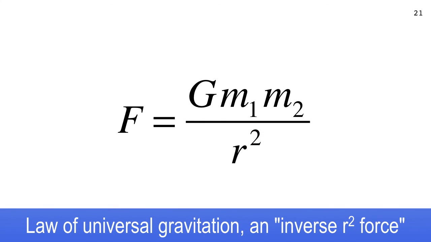So yeah, G m1 m2 over r squared. It's known as an inverse r squared force. It is an infinite range force because of that. If you had r to the 2.5 power in the denominator, it wouldn't be infinite range. If you had r to the first power, it would not be infinite range.